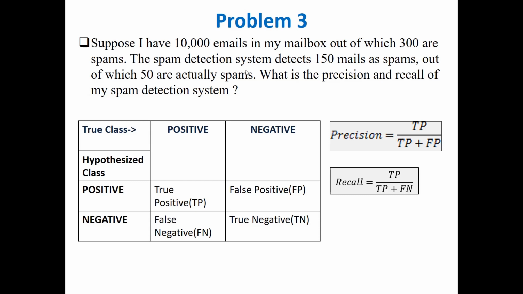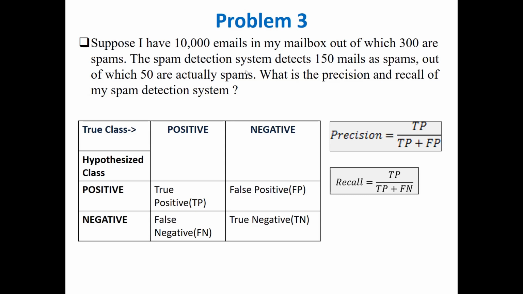If it is a classification problem in supervised learning, then we use the confusion matrix as a performance evaluation parameter. Suppose I have 10,000 emails in my mailbox, out of which 300 are spams. The spam detection system detects 150 mails as spams, out of which 50 are actually spams. What is the precision and recall of my spam detection system?